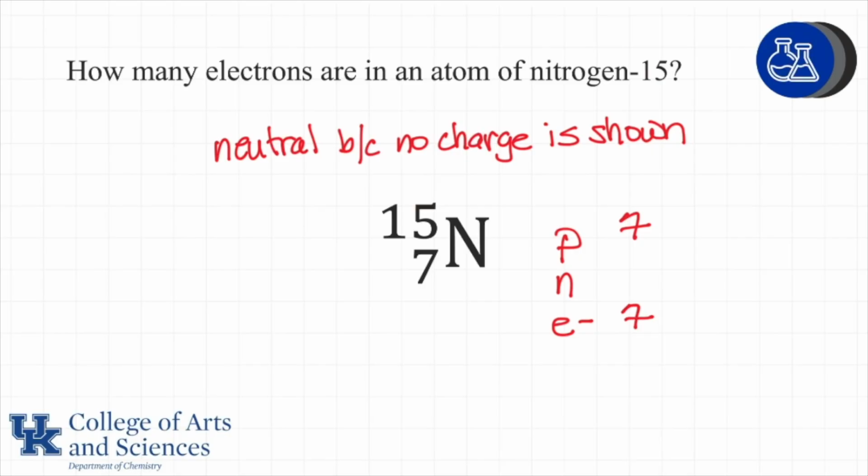We have 7 electrons because the number of protons must equal the number of electrons in a neutral species. We will talk about cations and anions, which are positively and negatively charged species, later on, and in those cases, the protons won't equal the electrons. But right now, we're only dealing with those neutral species. We also previously determined that this had 8 neutrons based on the mass number.